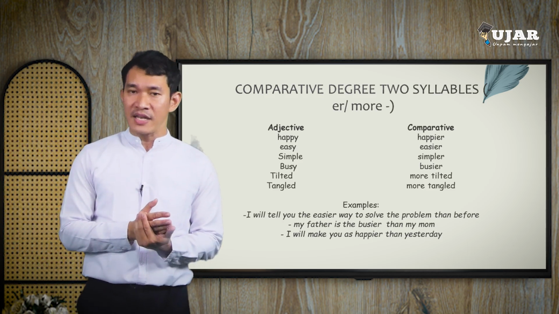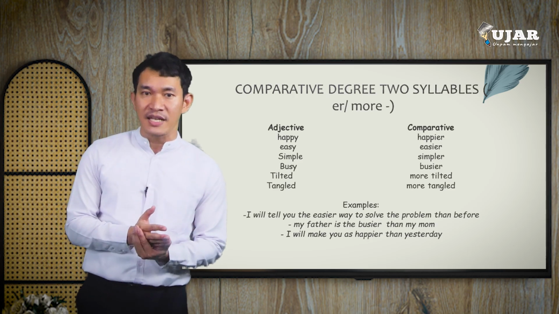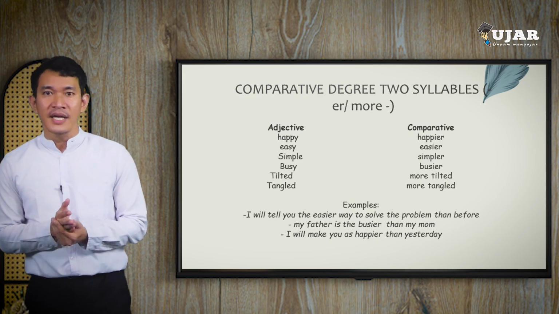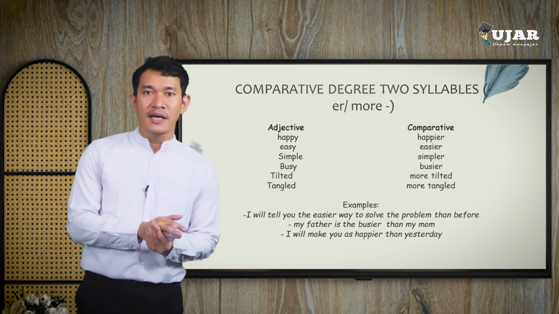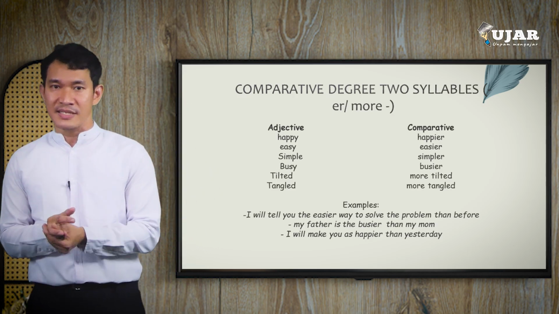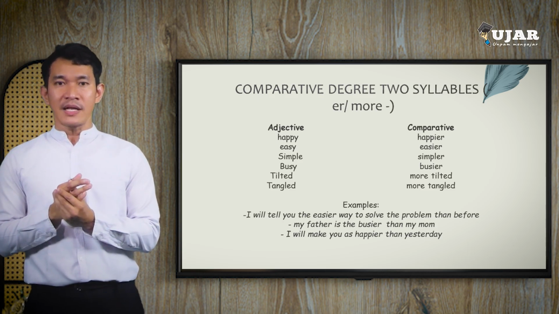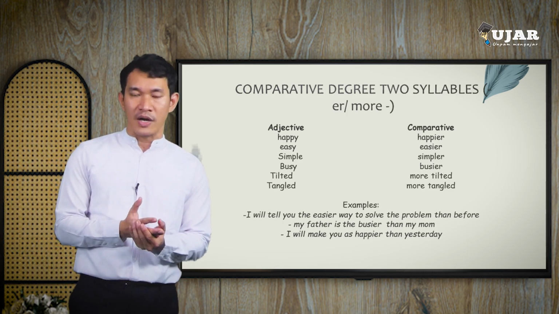For adjectives ending in Y, change the Y to an I before adding the ending. For example: happy becomes happier, easy becomes easier, simple becomes simpler, busy becomes busier, tilted becomes more tilted, tangled becomes more tangled. For example: I will tell you the easier way to solve the problem than before.